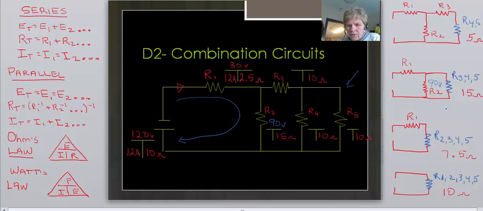We can use a new T. This T represents the totals for R3, 4, and 5, and we found that there was 15 ohms as a total equivalent for 3, 4, 5, and I know that that's in parallel with R2, and R2 is 90 volts, so I can tell that all of that 90 volts is going to be shared by the 15 ohms. And so from that, I know that my current is going to be 6 amps.